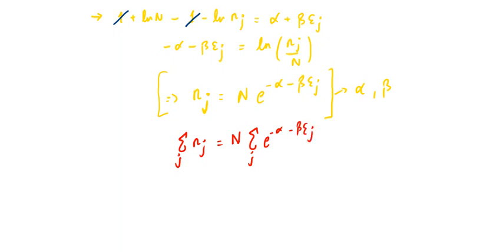The left side is obviously n, so I can write n equals n. Because alpha doesn't have a j dependence, I can pull out e to the minus alpha, and write the rest as e to the minus beta epsilon_j. Now I can divide both sides by n and come up with an equation: e to the power minus alpha equals e to the power minus beta epsilon_j.